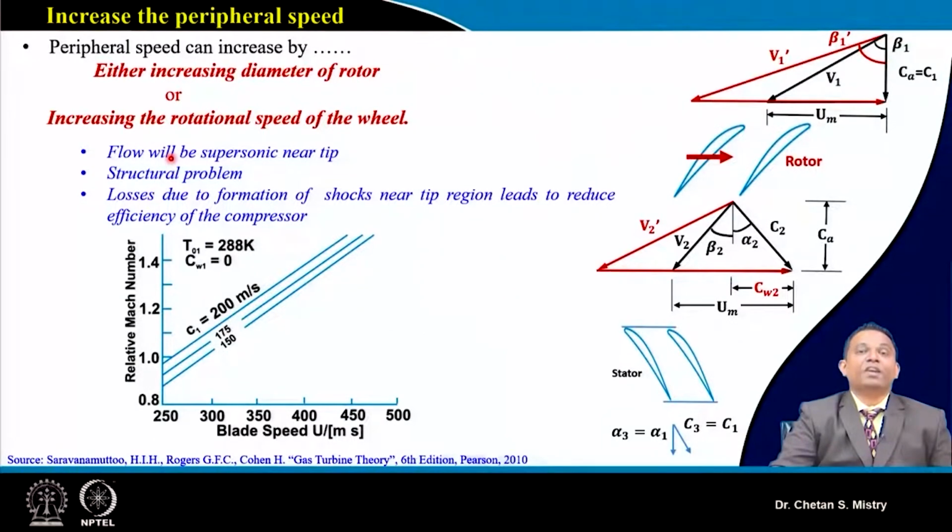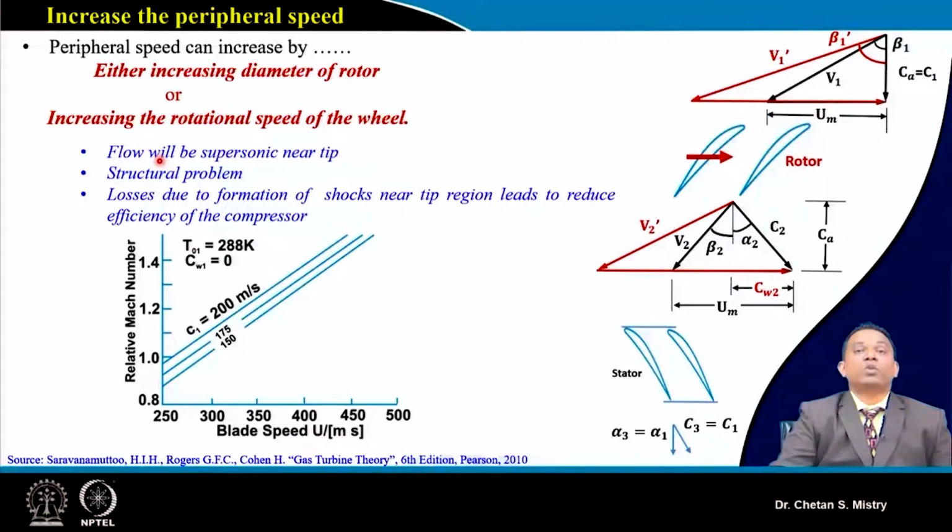So we have two difficulties when we are increasing our rotational speed. First, my flow will be going supersonic. When my flow is going supersonic, that will invite the formation of shock. And we know this formation of shock near the tip region will increase the irreversibility in the flow.